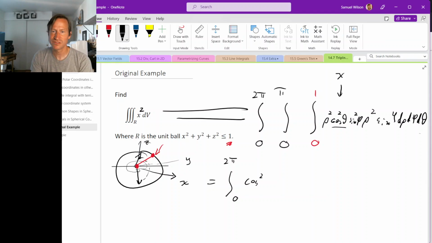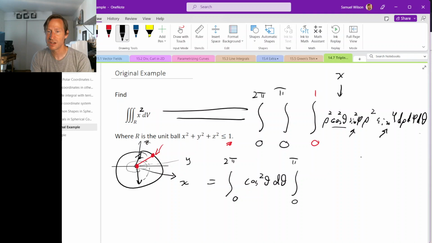Looking at our phi integral, that's from 0 to pi. Let's see, we have a sine squared phi right here and another sine phi there, so that's sine cubed phi d phi. And then for our rho integral, that's from 0 to 1, and here we have a rho squared and another rho squared, so that's rho to the 4th d rho.